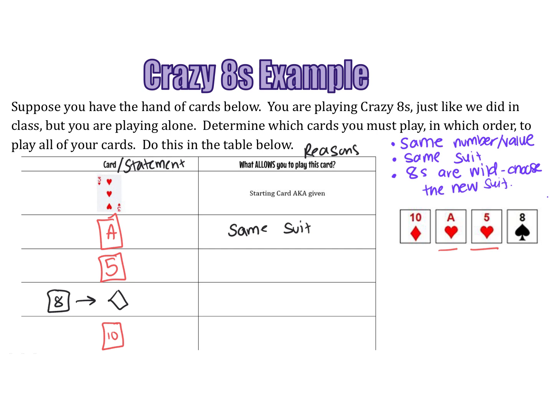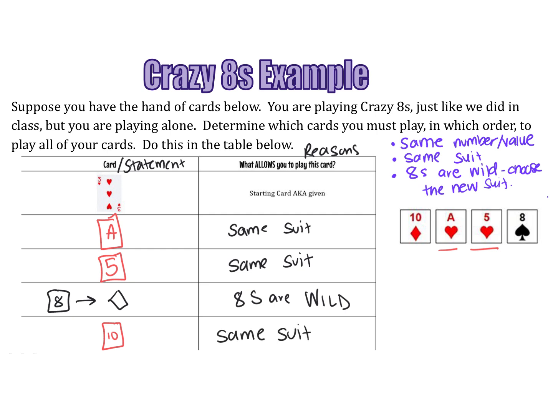The property that allows us to play the 5 is that they are the same suit. The property that allows us to play the 8 and change it to diamonds is that 8s are wild. And then the property that allows us to play the 10 is that they are the same suit.